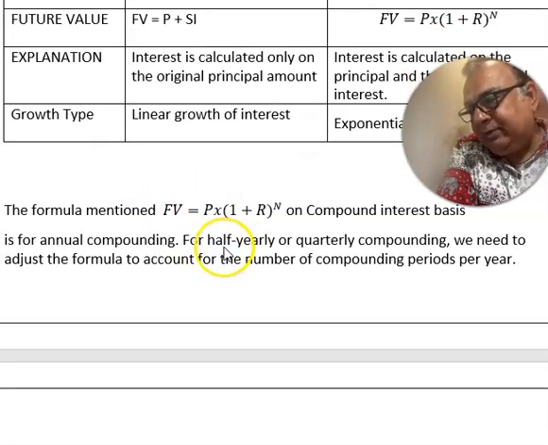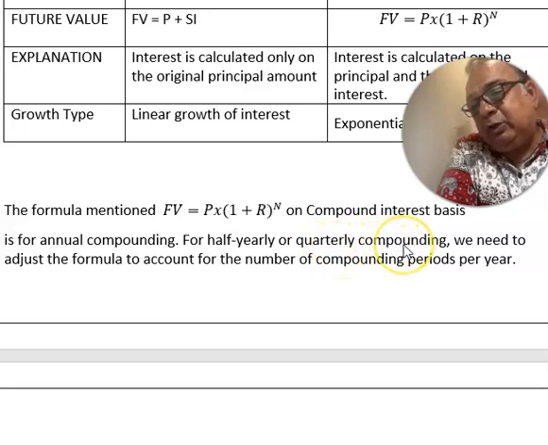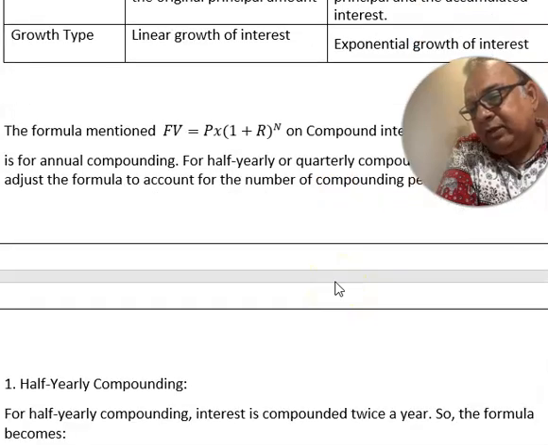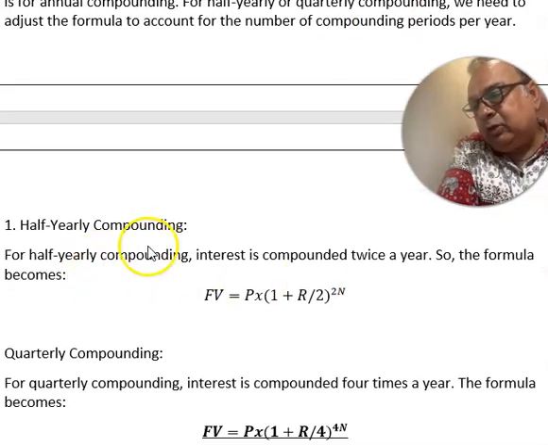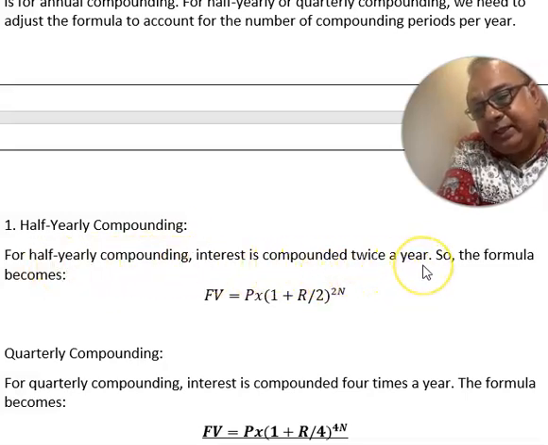For your learning basis, if you want to calculate half yearly or quarterly or daily compound interest, then we have to adjust this formula accordingly. For half yearly compounding, the interest is compounded twice a year. So this formula becomes P into 1 plus rate of interest divided by 2 inside the bracket, and power 2n.